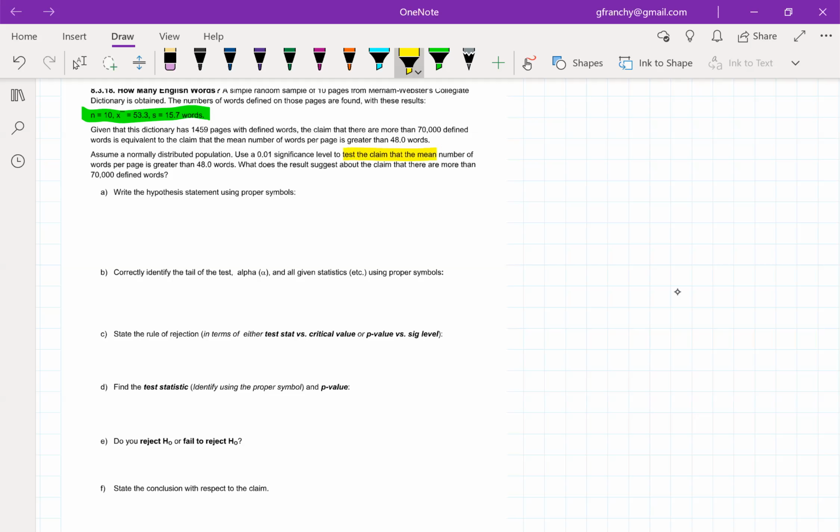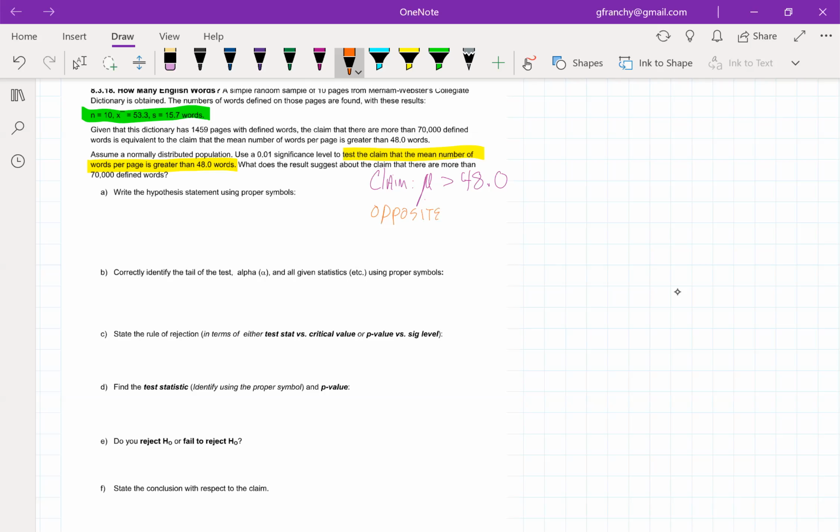So what we want first is our claim here that they want us to test. And our claim here is that the mean number of words per page is greater than 48.0. If you take the 70,000 and divide it by the 1,459 pages, that's where the 48 is coming from, in case you're wondering.